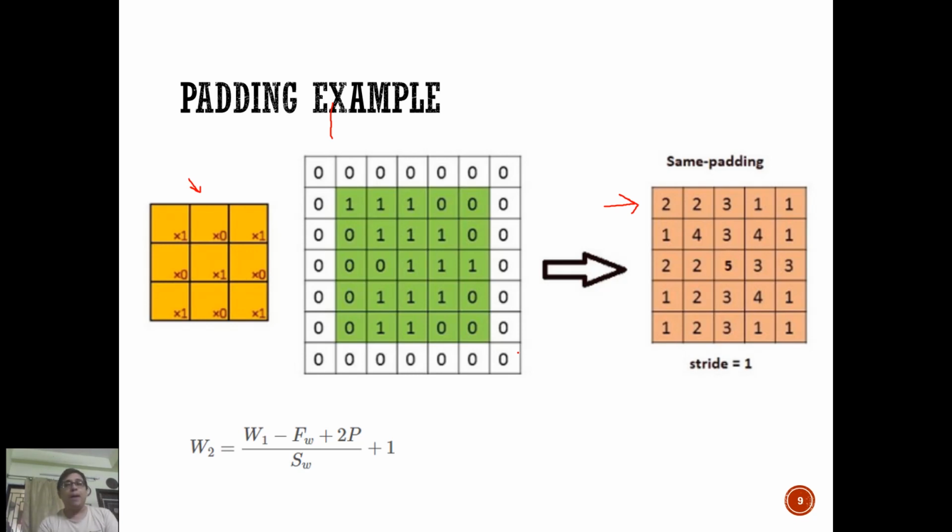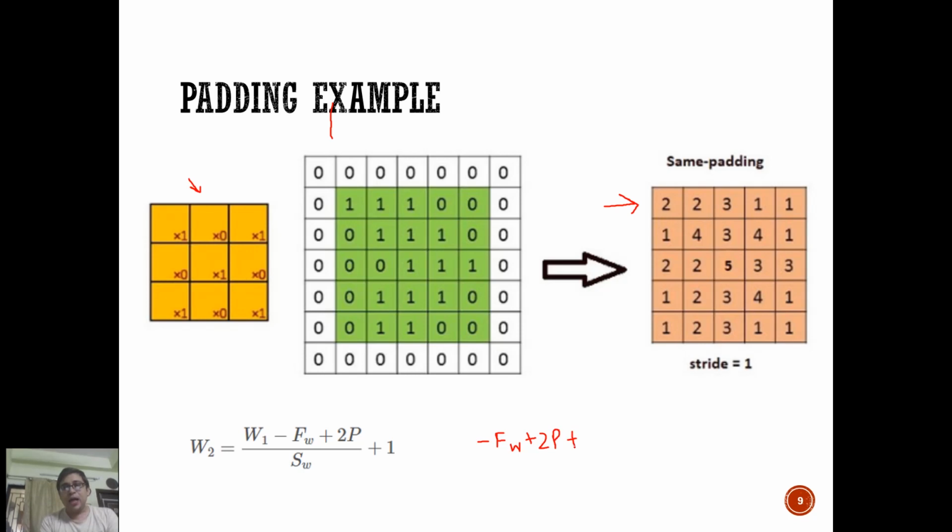Now if I go to this equation, what I want is W2 to be the same as W1, and in our case, let's assume SW is 1. In that case, this equation turns out to be minus FW plus 2P plus 1 equal to 0.